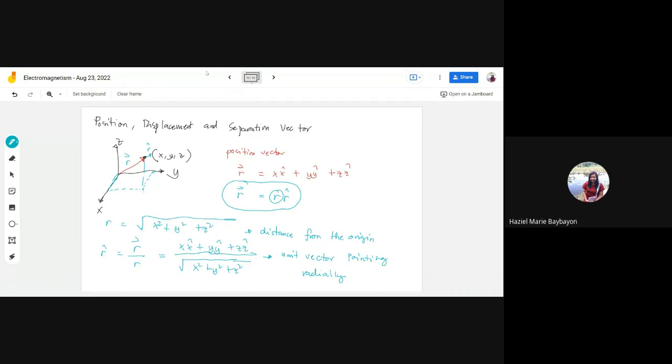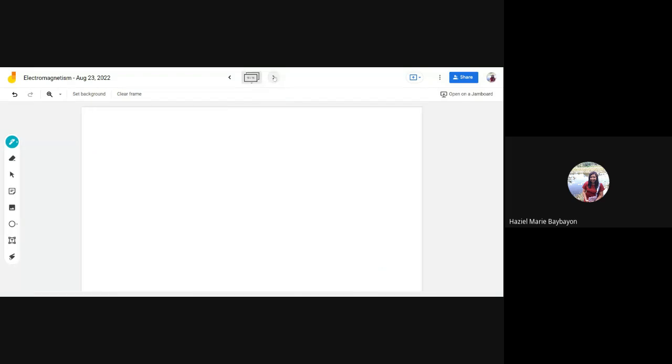Now, we can also define the infinitesimal displacement vector, and we can call it dl, or pwede po dr. Infinitesimal, meaning to say a very small amount of displacement. This is from x, y, z to, say for example, x plus dx.